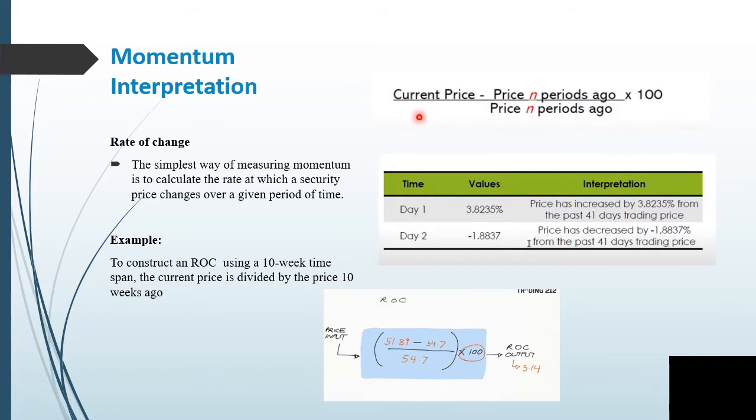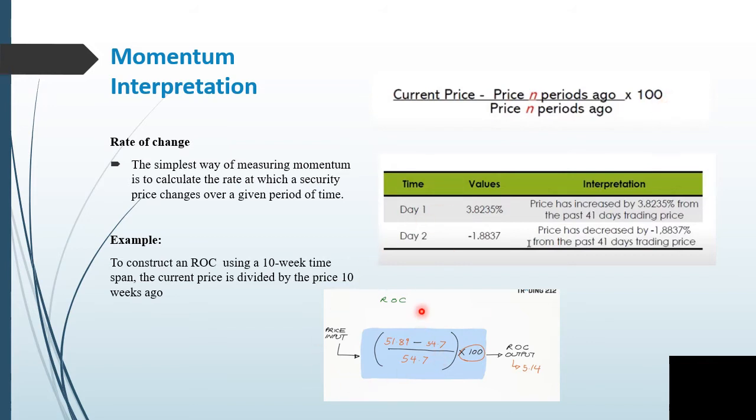So this is the formula: current price minus price n periods ago, divided by the price n periods ago, times 100. 100 is 100%.